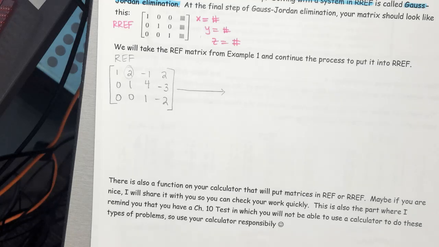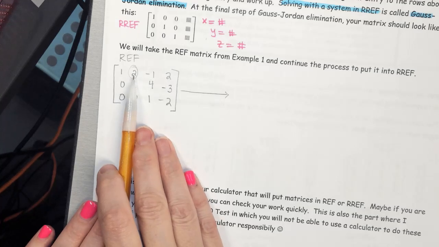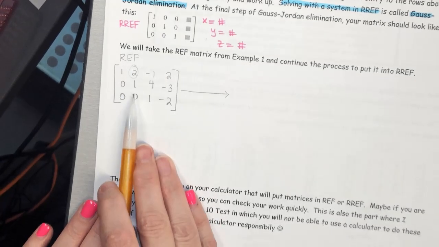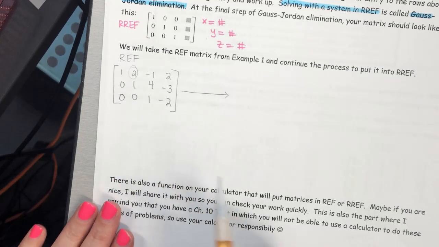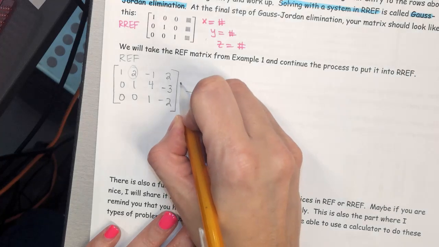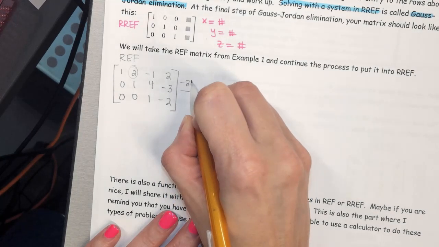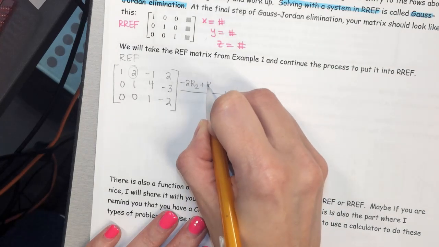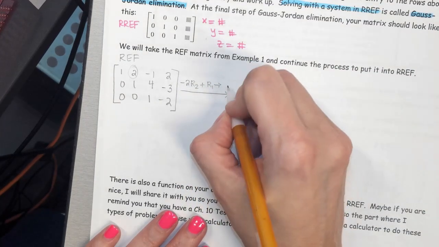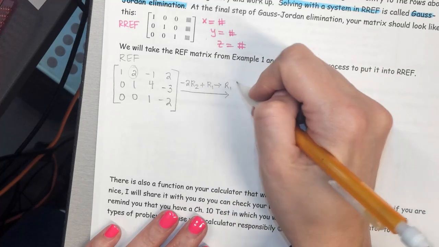We talked about how you're always multiplying by the row with the 1 in it. If you're trying to make this a 0, in the same column, this one has the 1. So what are we going to multiply by here? What did you guys come up with? Yep, and then we're going to add that to row 1, and that's going to go in row 1.